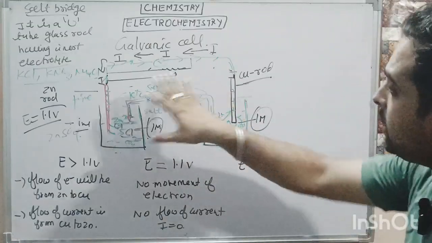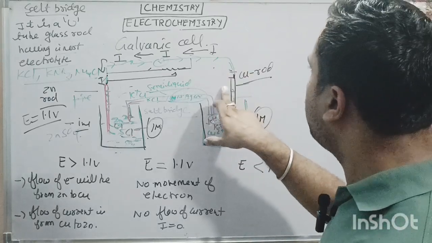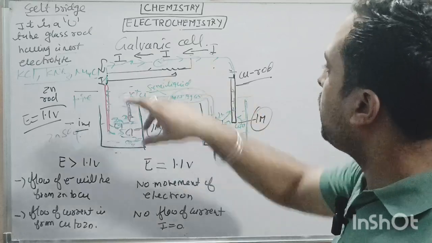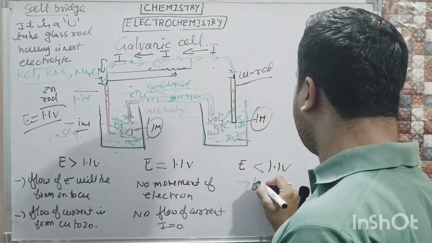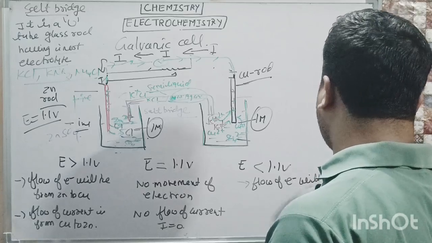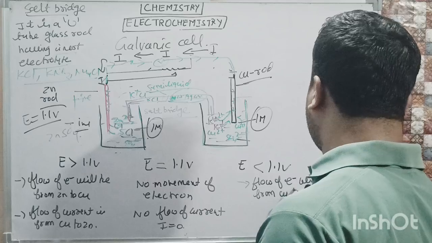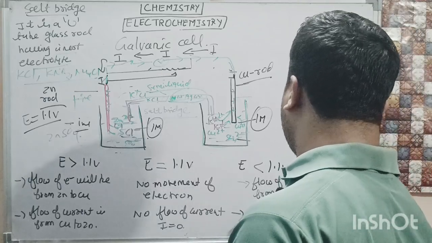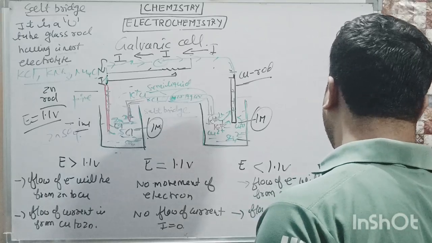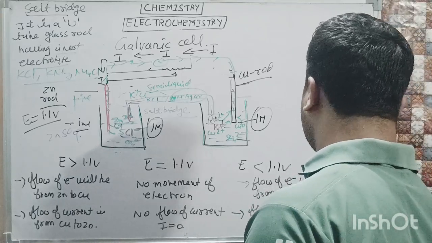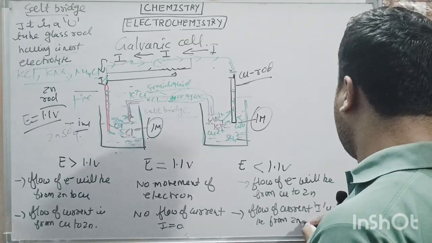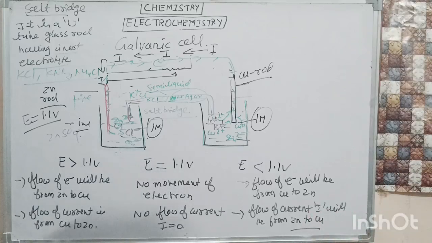Suppose we are increasing the potential, so the flow of electrons will be from copper to zinc, and flow of current will be from zinc to copper, and here the polarities will change.